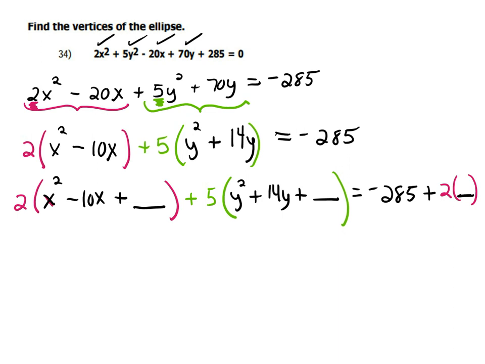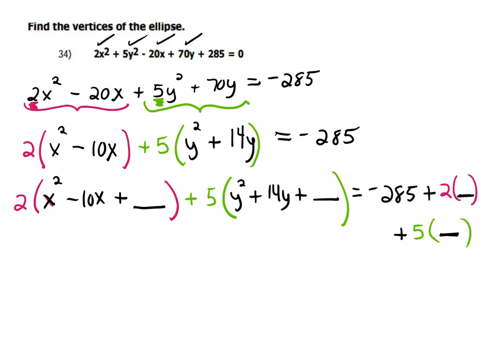And the same thing for the 5. There's a 5 in front of the parentheses, so whatever you put in the blank technically is being multiplied by 5 on the left side. And what you do to one side, you got to do to the other.